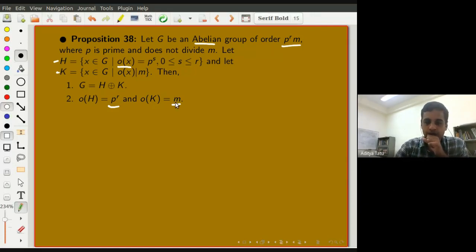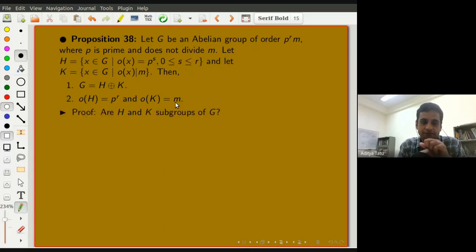Since the proof of this and the next proposition is involved, rather than working it out and making mistakes, I have written the proof in the slide itself. The first question naturally is, H and K are defined as subsets, right? For point 1 to hold true, we first need to show that H and K are subgroups of G. So why would H be a subgroup of G?